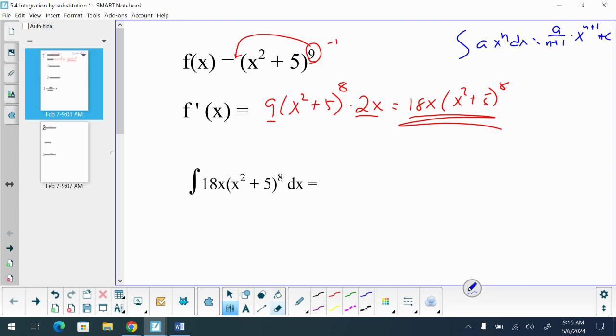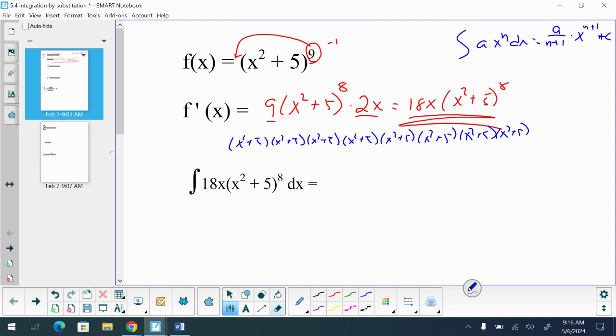This here, if I wanted to, I could take x squared plus 5 times x squared plus 5, and keep going, eight times in all, and I could multiply all that out. Yeah, that's exactly right. Is it doable? Yeah. Would it be a trial of our patience?